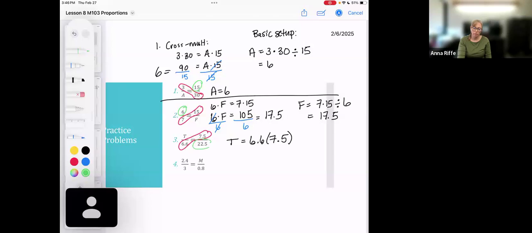And then I have my one constant that remains. I'm going to divide by that constant of 22.5.